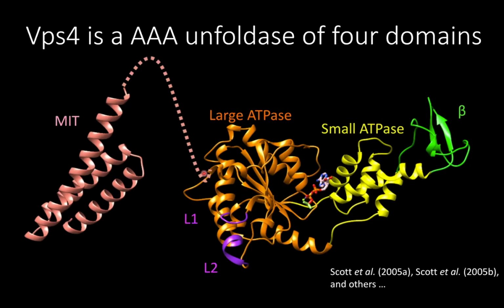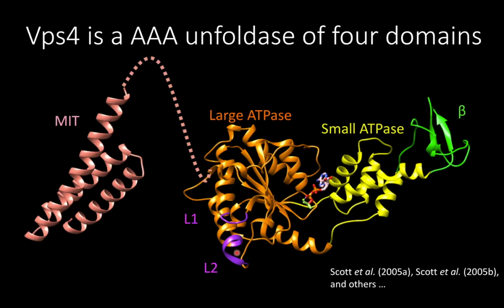ATPase cassettes are comprised of a large ATPase domain in orange and a small ATPase domain in yellow. The nucleotide binds primarily to the large ATPase domain, but with the base at the interface with the small ATPase domain. And then in green on the far side, we have a beta domain, which is important for recruiting that yellow cofactor protein.